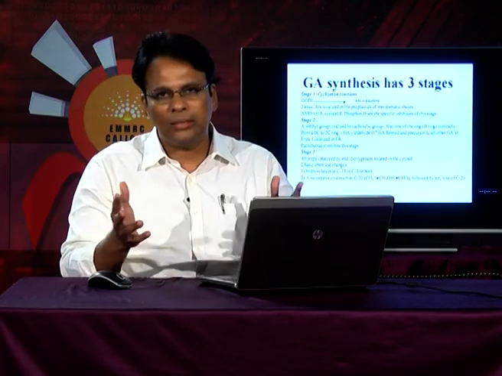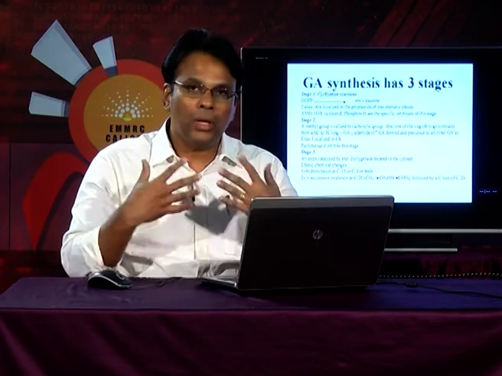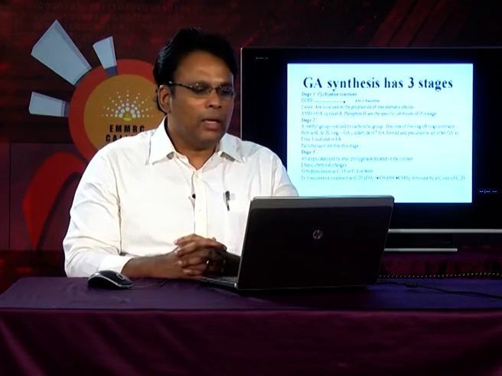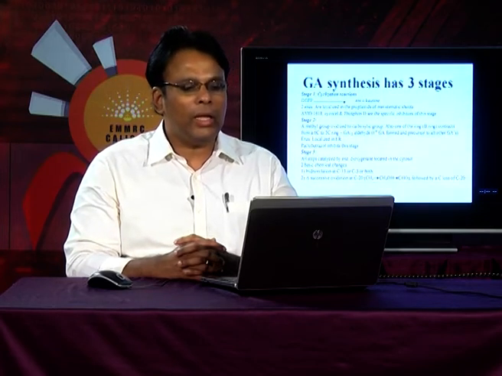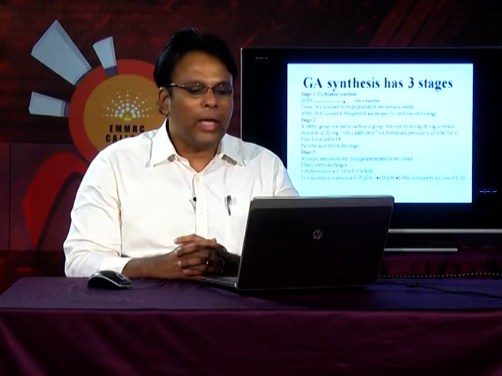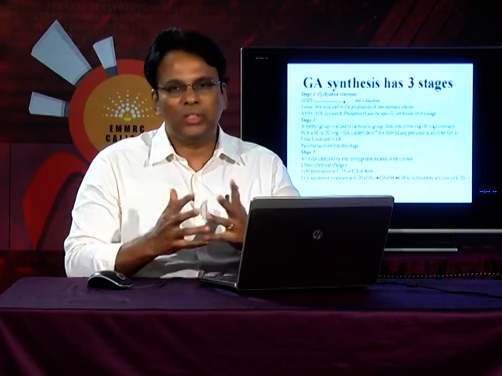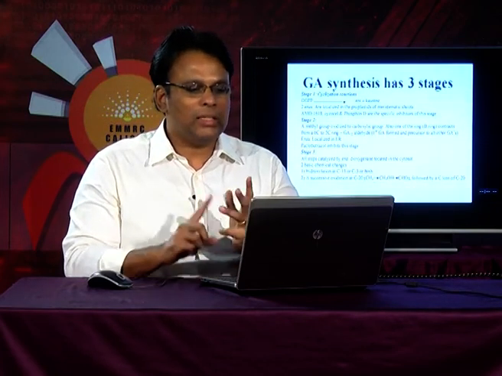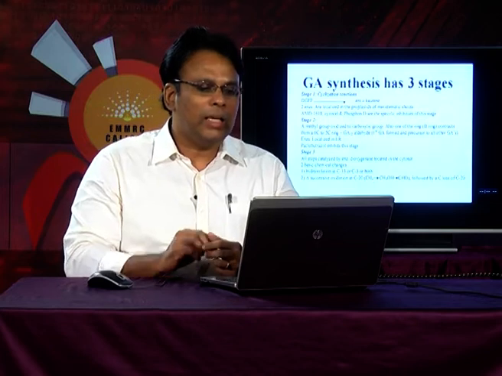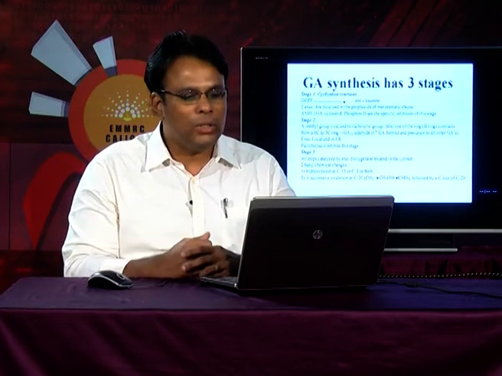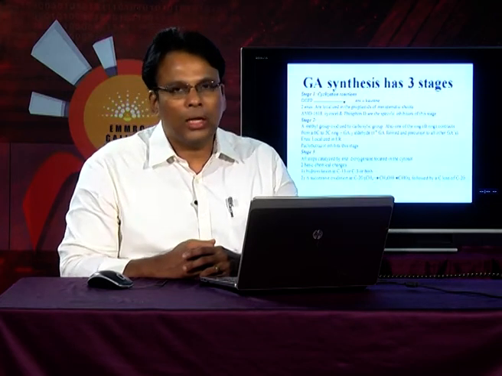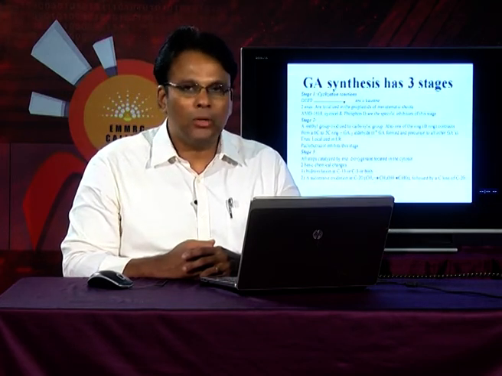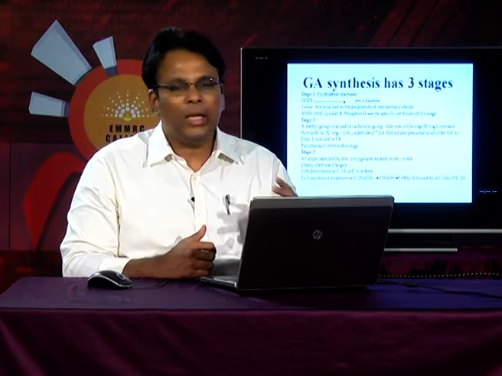Either it can take place independently or together. Also a successive oxidation at C20 happens, followed by a carbon loss of C20. So that is the second reaction, that is a successive oxidation at carbon 20, followed by a carbon loss at carbon 20. So this is happening at stage 3.